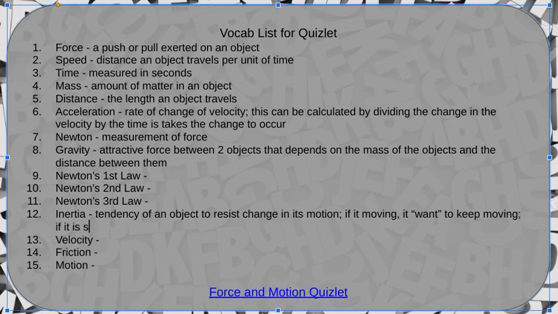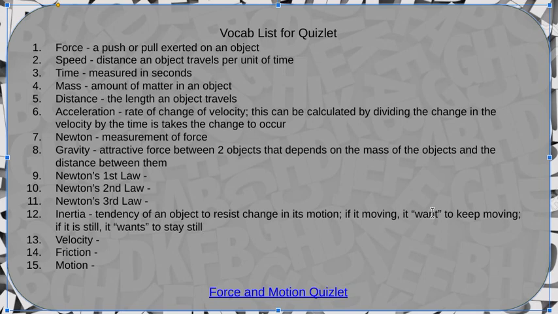If it is still, it, again, quotes, wants to stay still. I put quotation marks around want because it's not an actual want. An object doesn't want to do anything, but we use that as kind of anthropomorphism or personification. It's putting human characteristics on something that's not human.